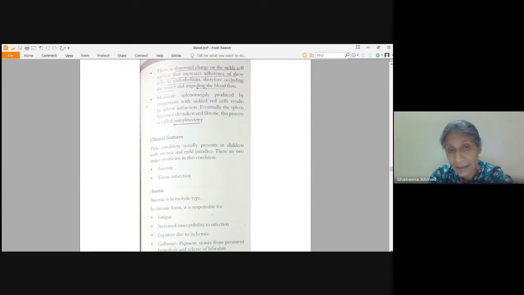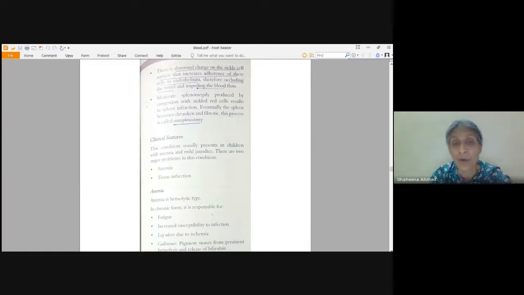So what happens is, as the sickle cell anemia progresses, obviously these RBCs have to pass through the spleen. Spleen is one of the major organs which is affected by this adhesive quality of the sickle cell. These sickle cells start adhering to the endothelial lining of the blood vessels which are supplying the spleen.